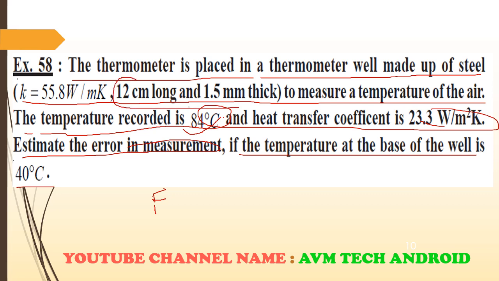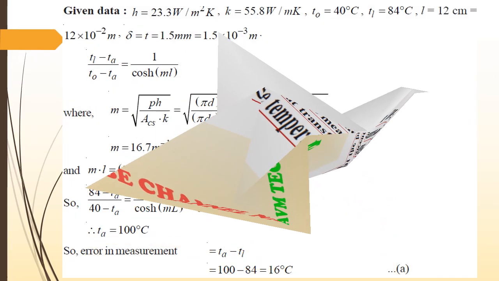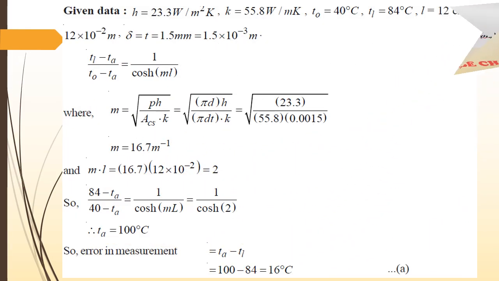So friends, first important thing here is the dimensions are available in terms of centimeter or millimeter. So first we have to convert these centimeter and millimeter into meter, and write what is given in the data.